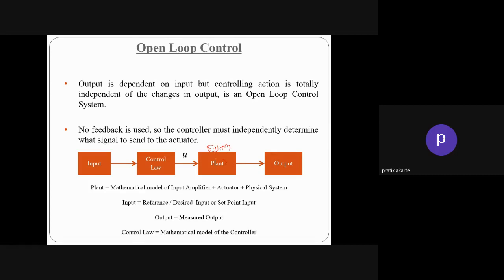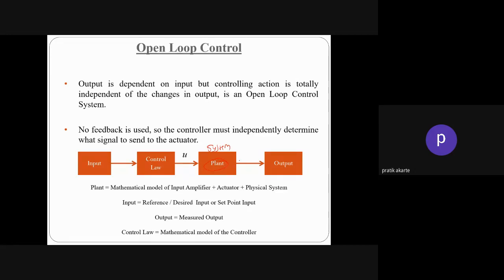So plant means a physical system. Input means reference input or desired input or a set point value. Output is the measured output, the objective that we need to attain. That is what we call output.